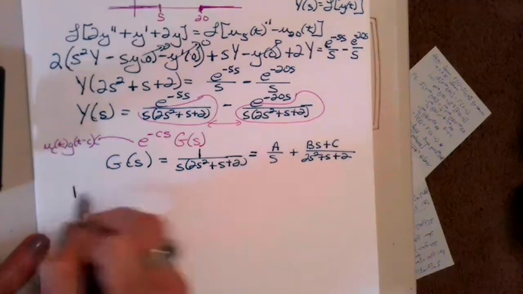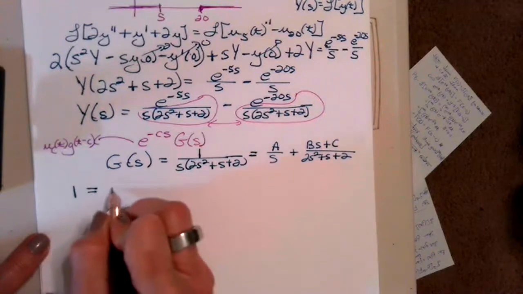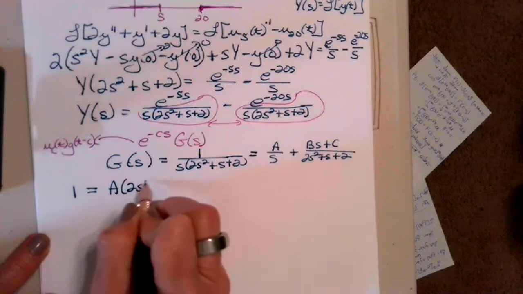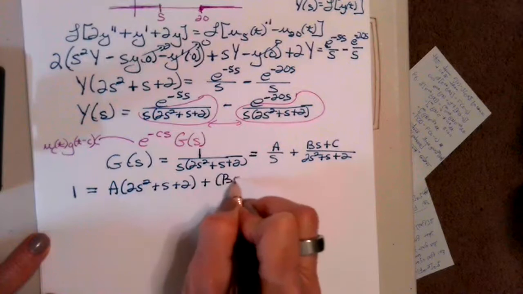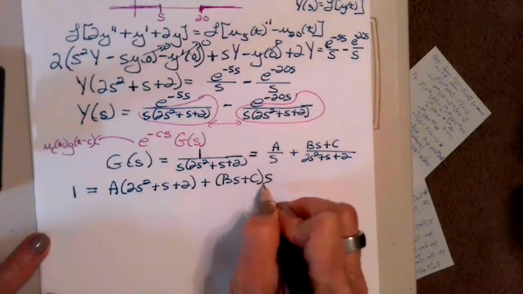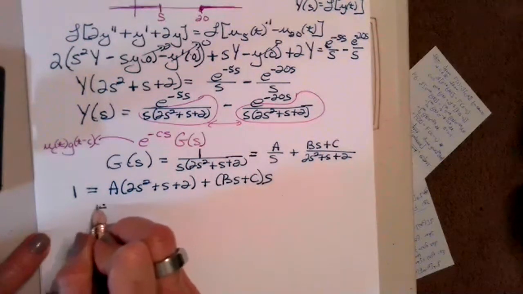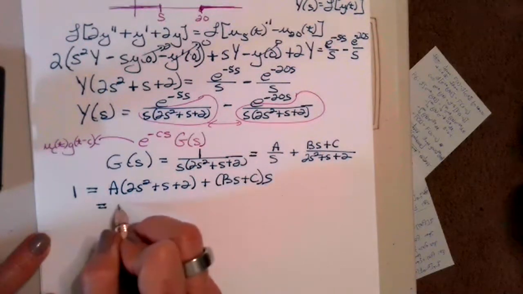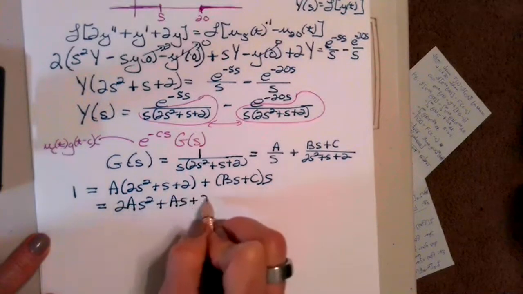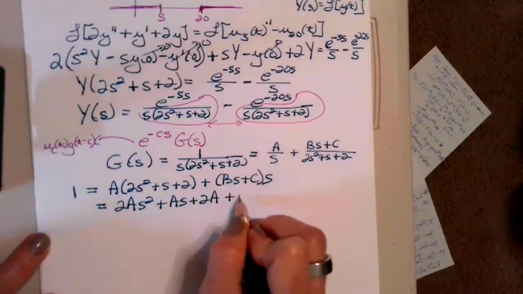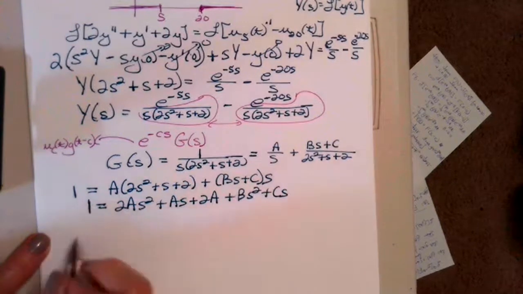All right, so multiplying through by the denominator says that 1 is A times (2s squared plus s plus 2) plus (Bs plus C) times s. That gives me 2As squared plus As plus 2A plus Bs squared plus Cs. Now I equate coefficients.